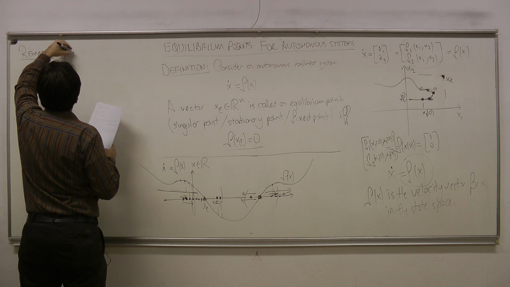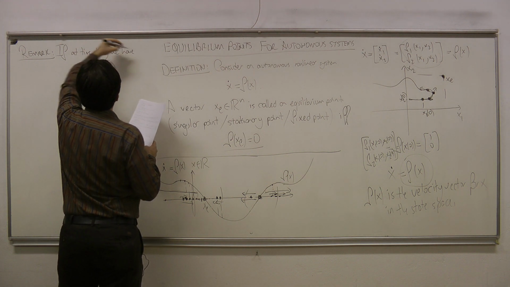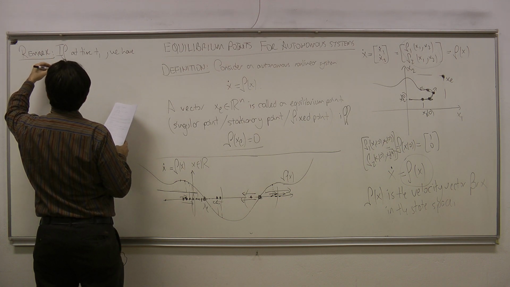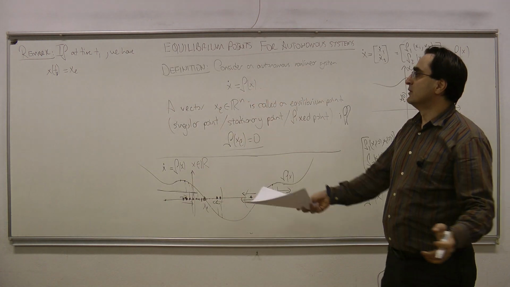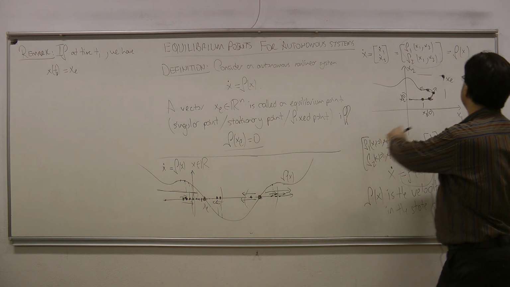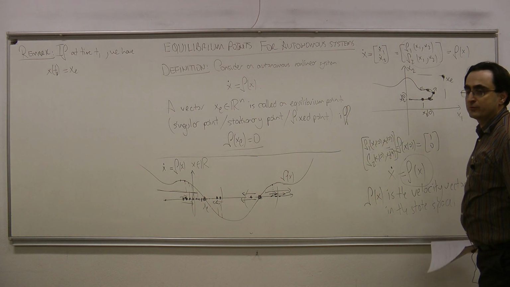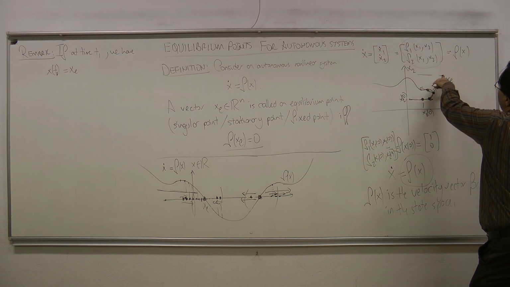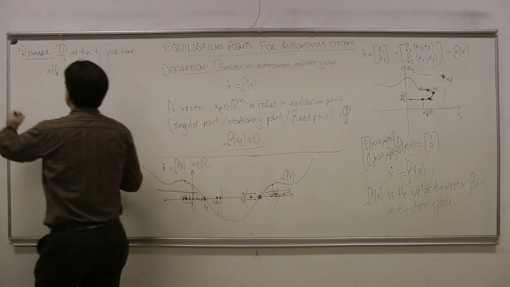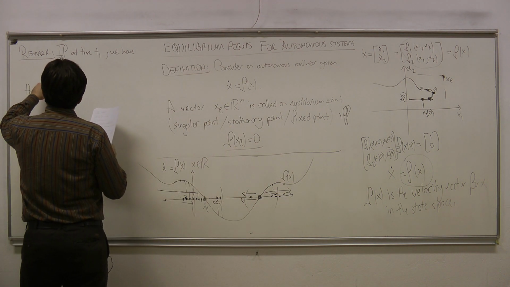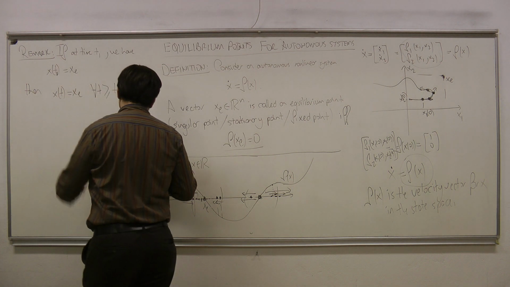If at time t1 we have x(t1) equal to xe, so suppose that at time t1 the state is here, then I know the whole future trajectory of this system, because all x(t) after that point will be equal to xe. Then x(t) will remain at xe for all t larger than or equal to t1.